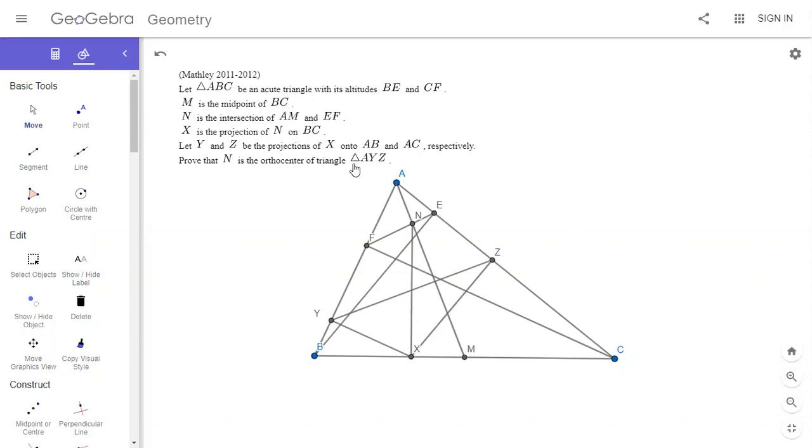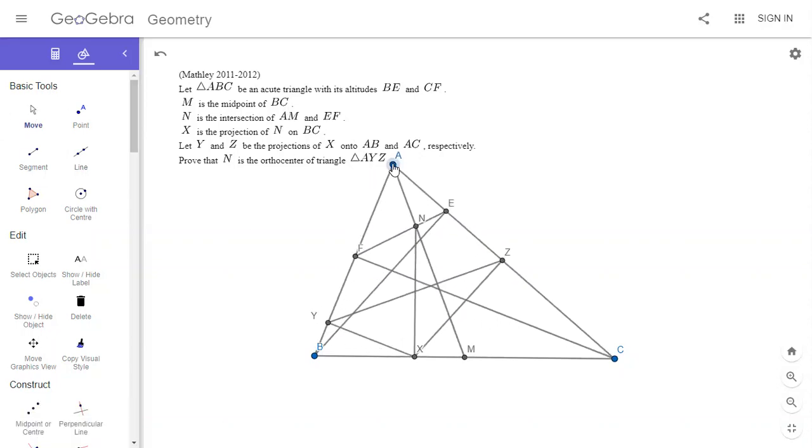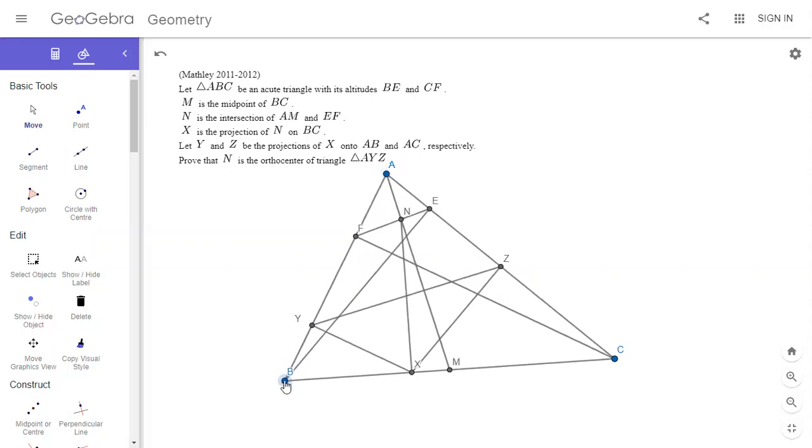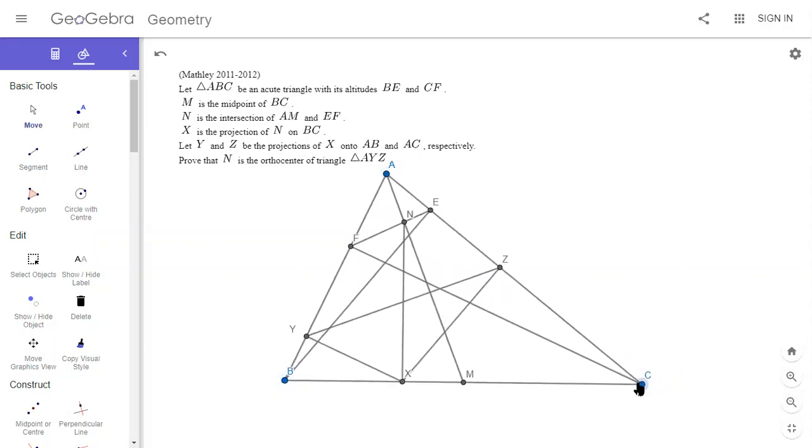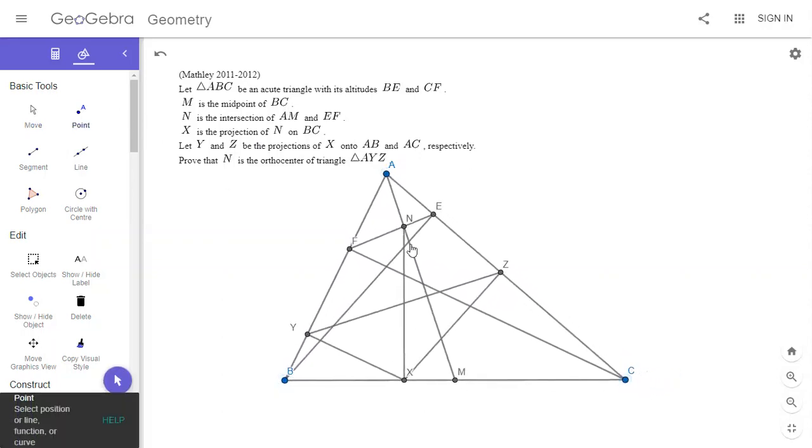What if we project A, F, Y, and B through N onto BE? So A goes to G, F goes to E, Y we want to show goes to the point at infinity, and B stays at B.